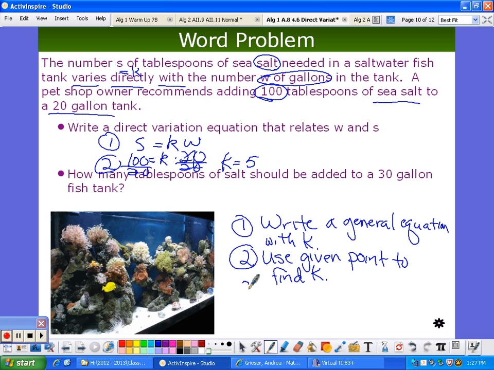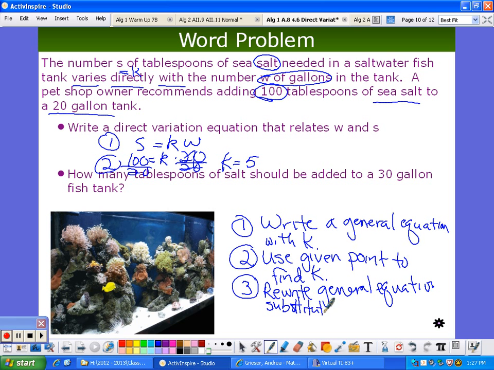Which leads us to the next step. Step 3. Rewrite that general equation that we found in part 1. This time, substitute the value for K. You found K, so go ahead, substitute.